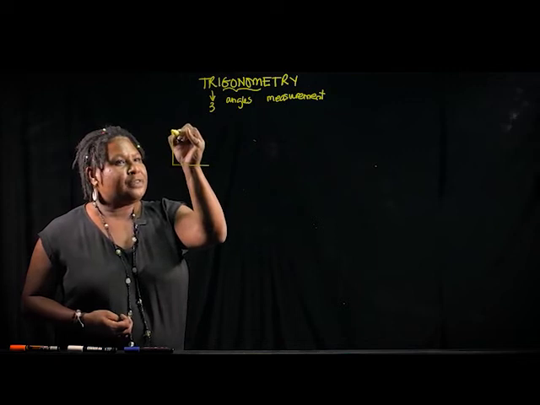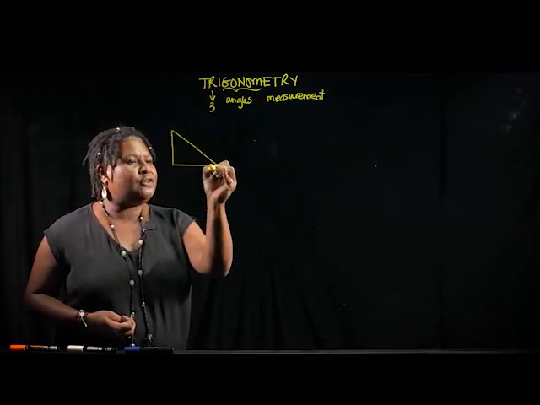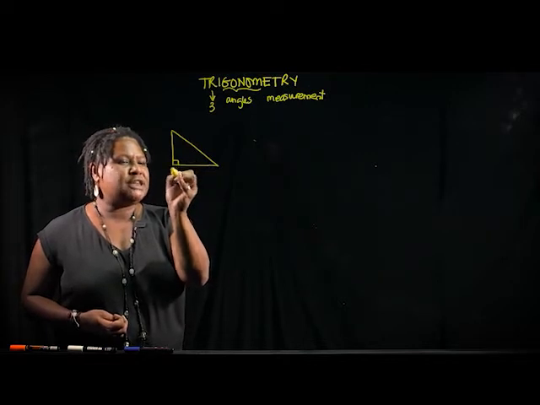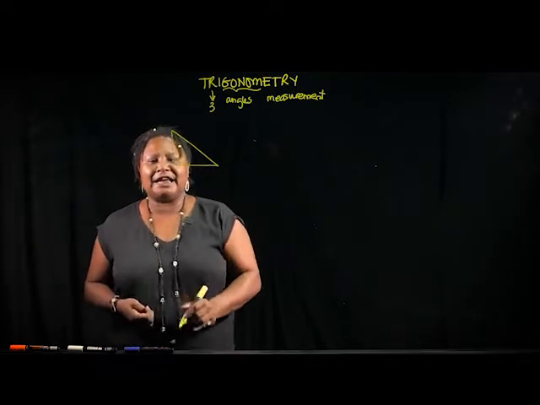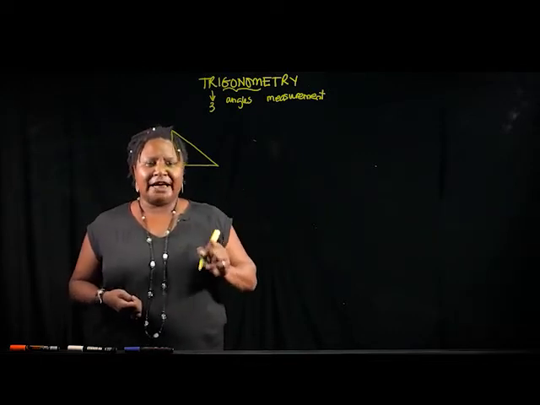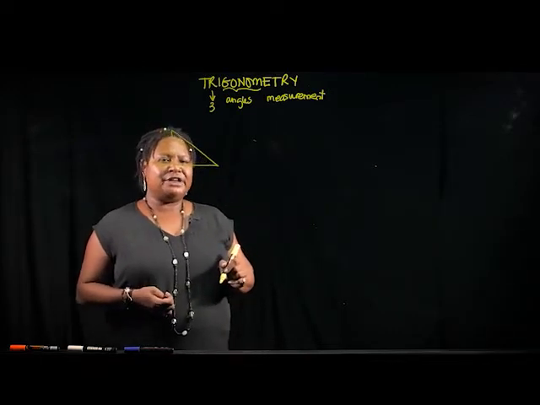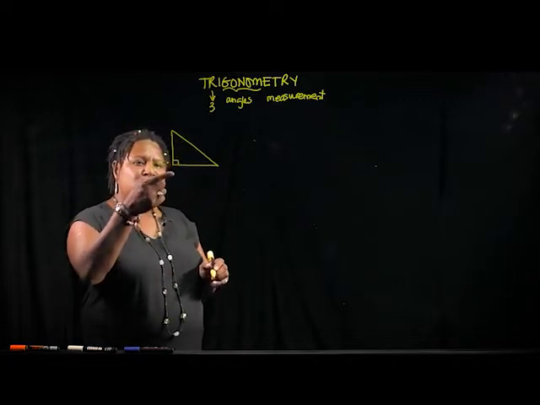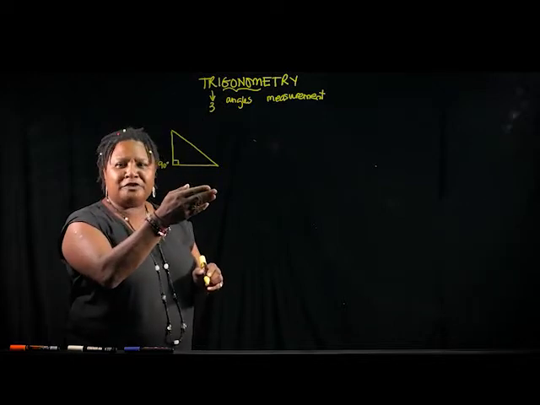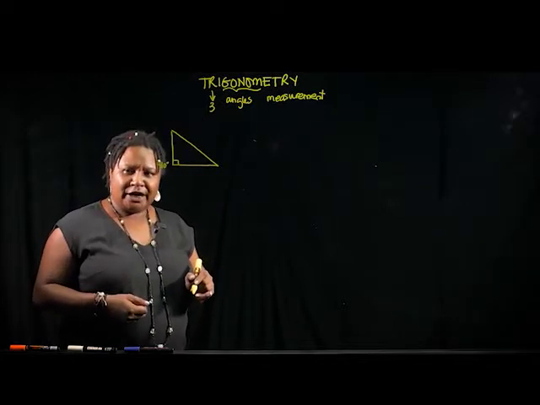So this is a right angle triangle. Remember that this little box in the corner indicates that this is a 90-degree angle. So we are going to look at how trigonometry applies in the right angle triangle.